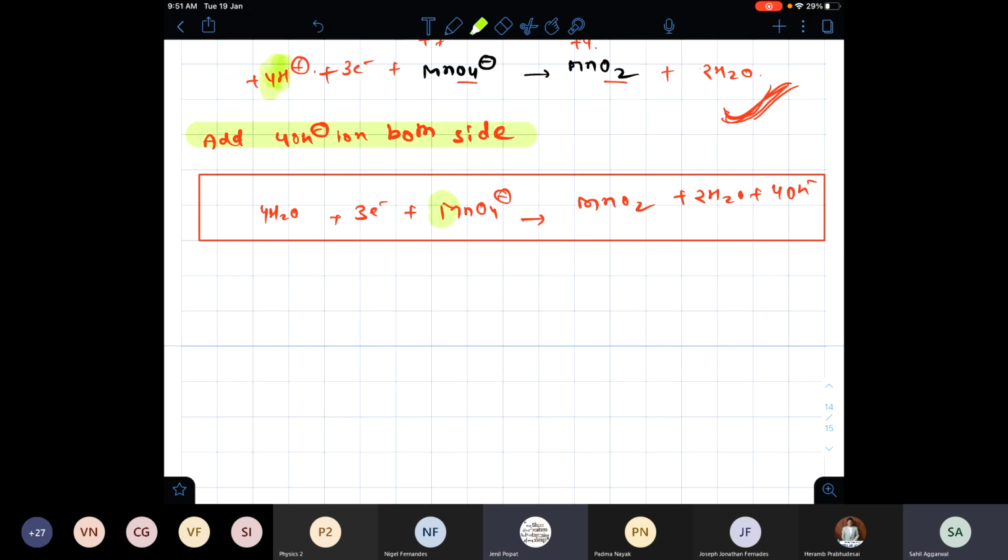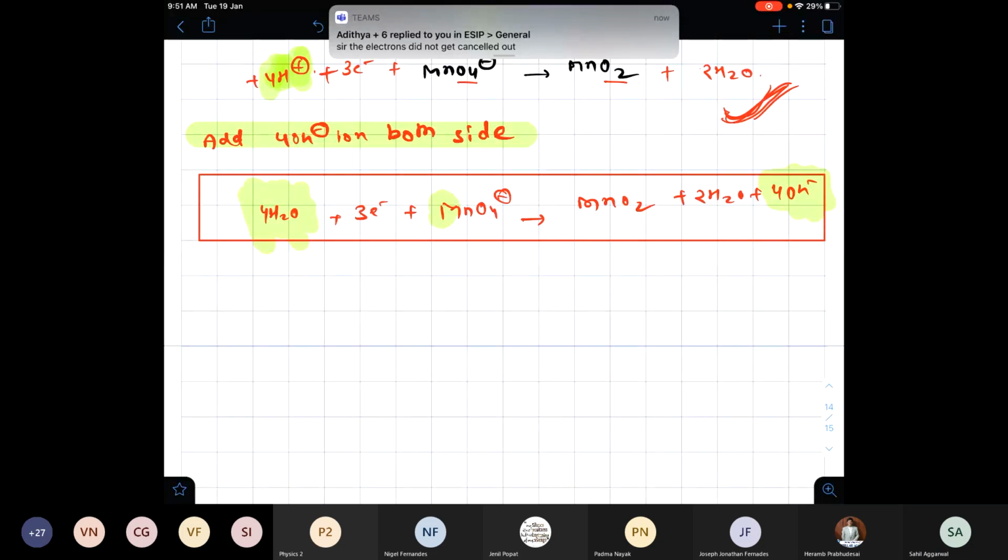So we had 4 H plus. We have added 4 OH minus on both the sides. 1 H plus and 1 OH minus gives 1 water, so 4 H plus and 4 OH minus will give 4 water. This will remain as it is. Okay, sir. Thank you.